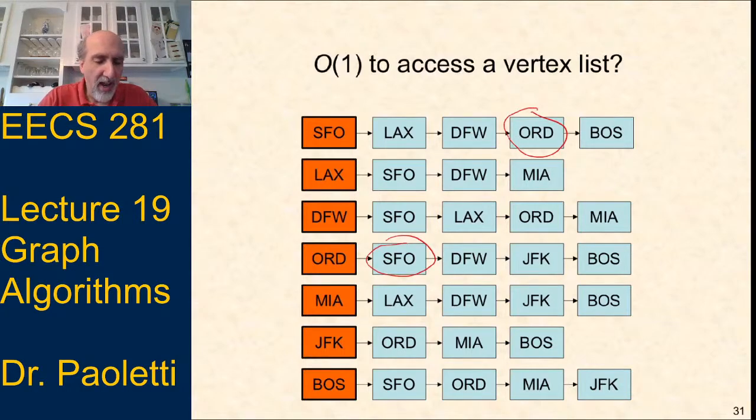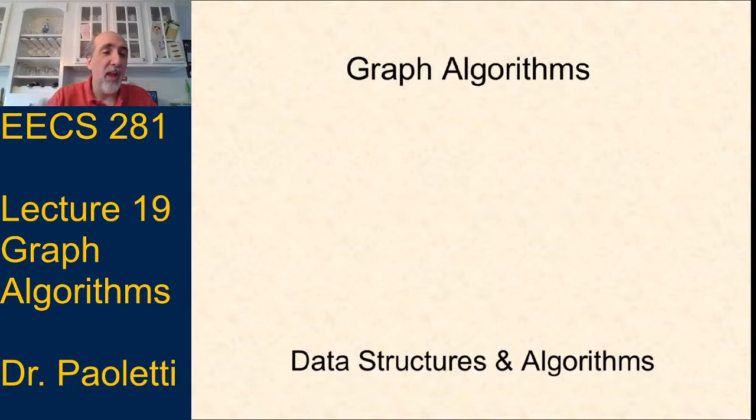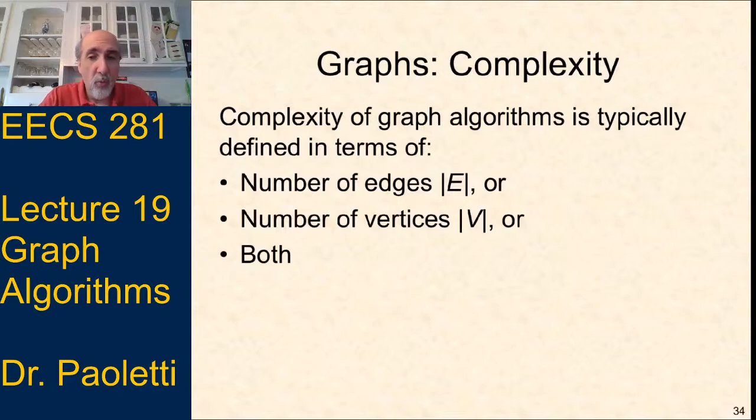And the O of 1 access to a vertex list, like we said, that could be a hash table on the left. Okay, so what about algorithms? Now we've got our ideas, we've got our representations. What are we going to do with them? When we look at overall complexity, it might be defined in terms of the number of edges, the number of vertices, or both.